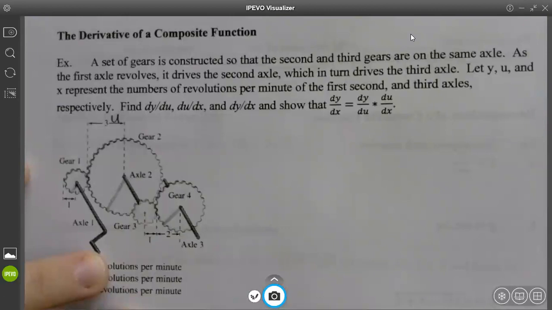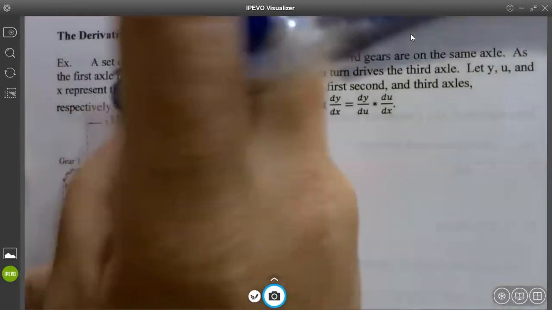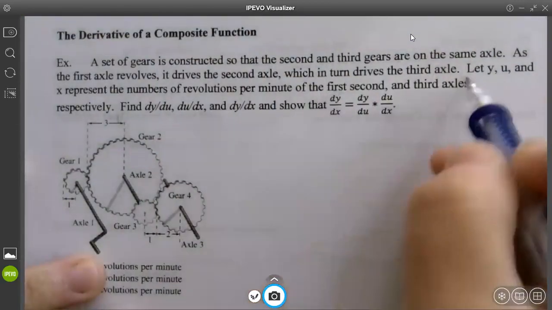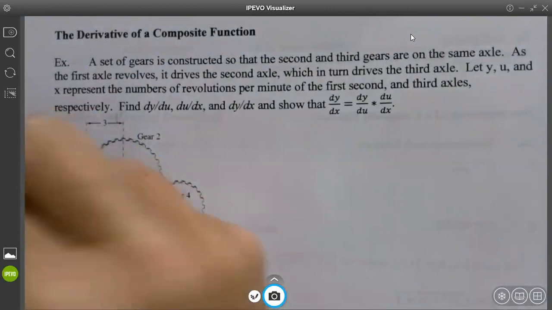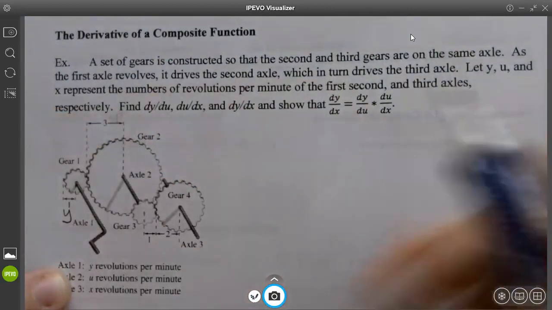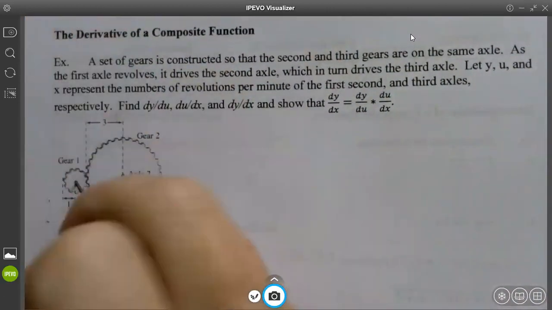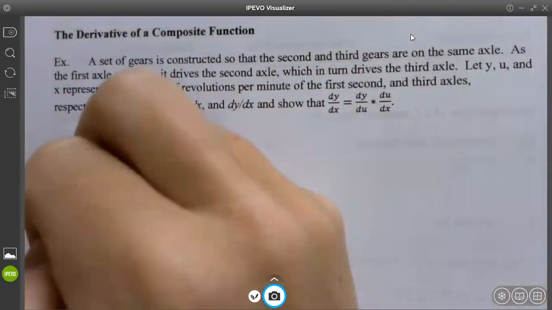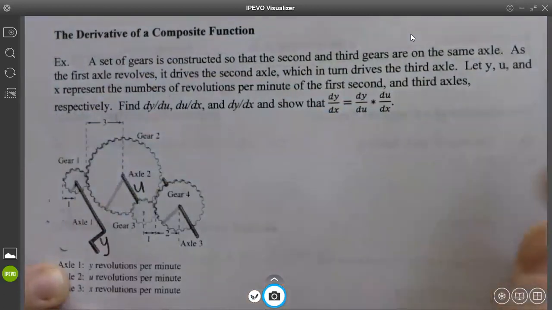I lied to you. Third is not u. The first is y. Let me go there. The first is y. That's this axle right here. The second is u. That's why I labeled 3, I'll tell you.